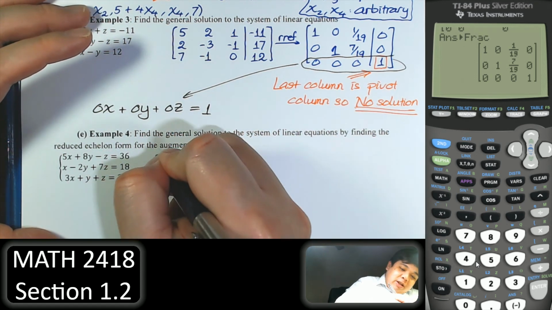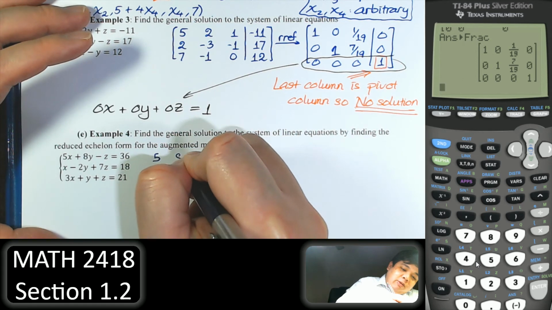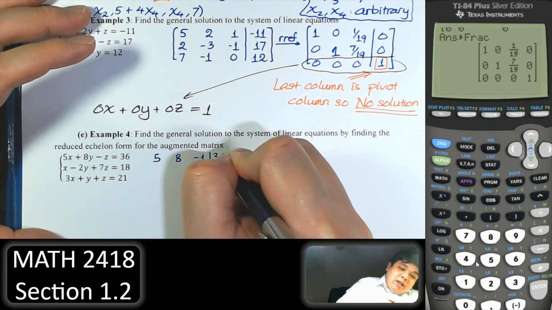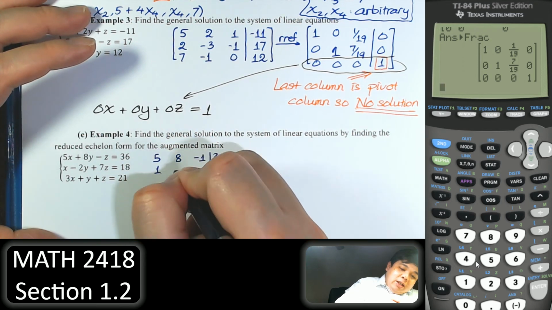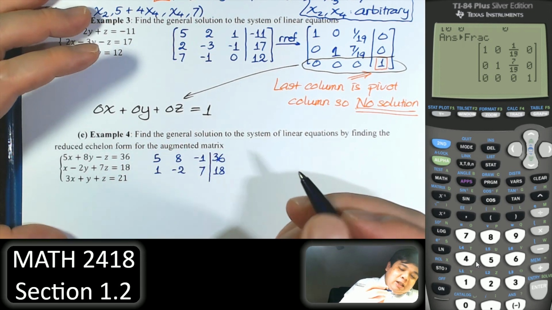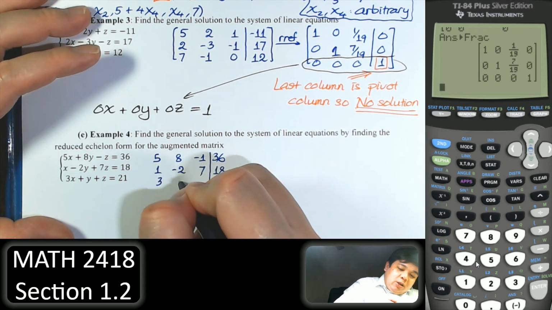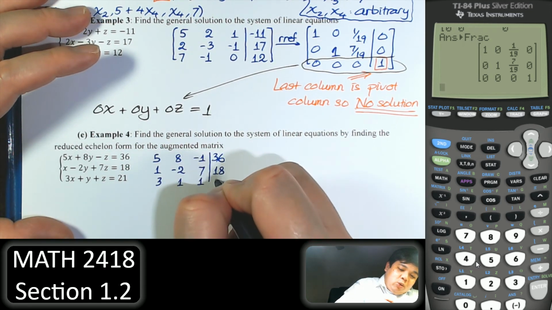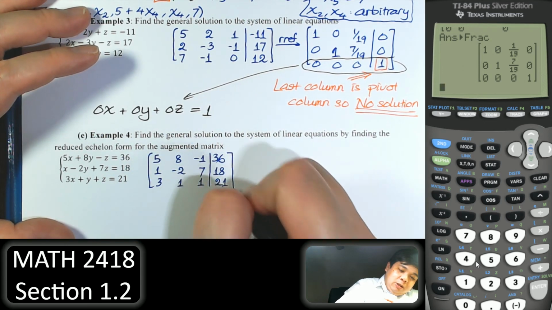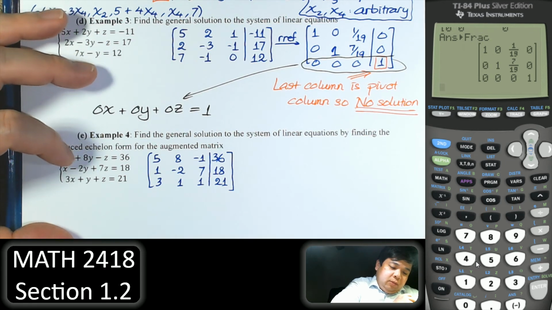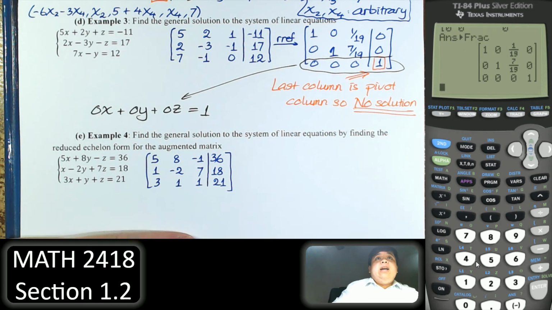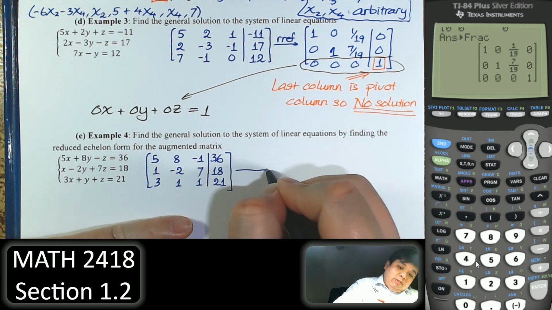Augmented matrix: 5 for x, 8 for y, -1 for z, 36, the constant; 1 for x, -2 for y, 7 for z, and 18; 3 for x, 1 for y, 1 for z, 21. And just do the reduced row echelon form.